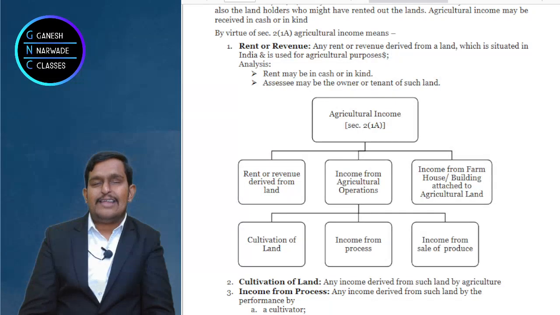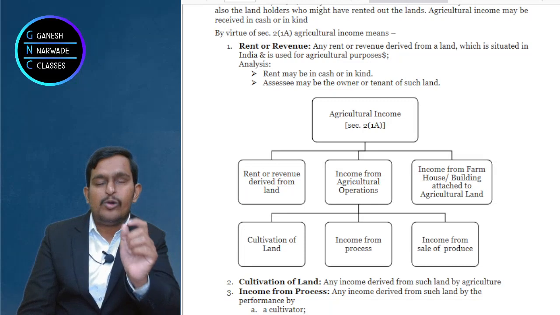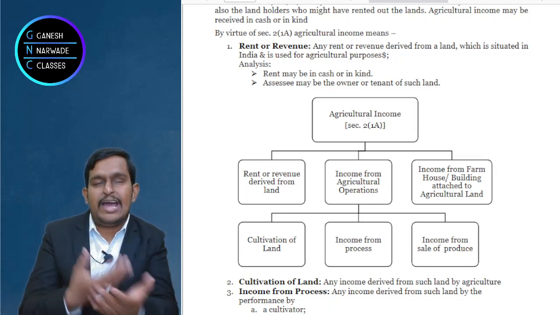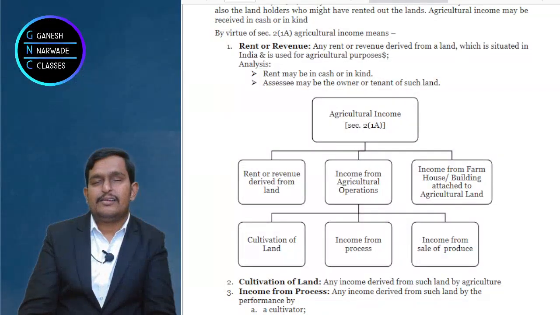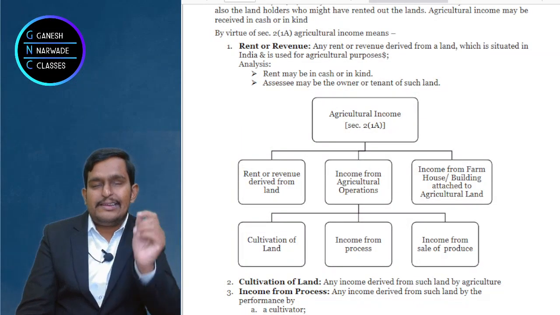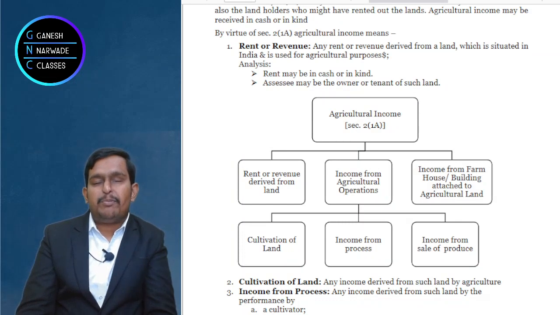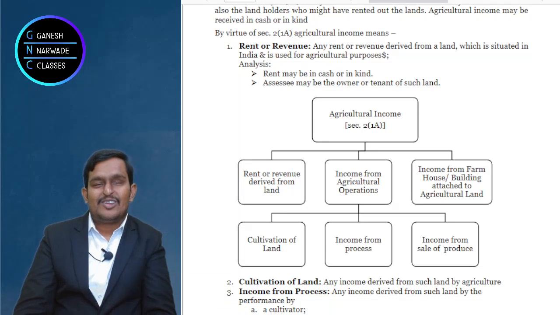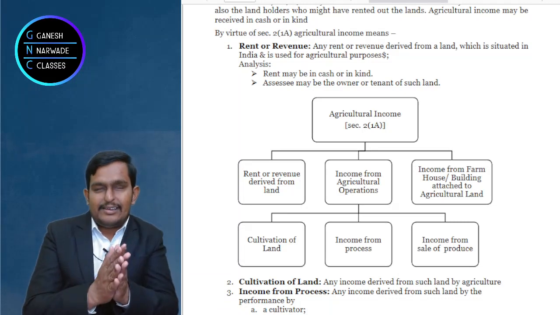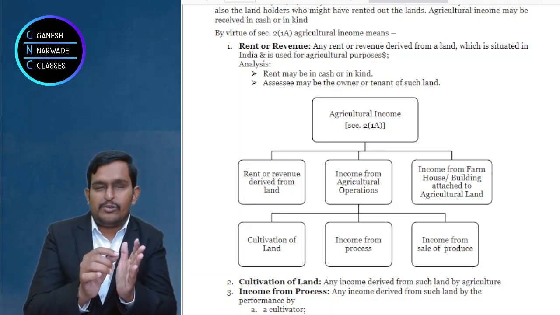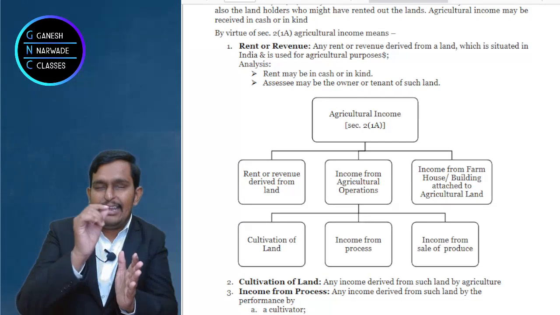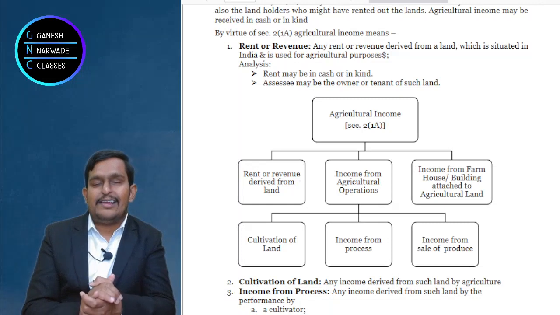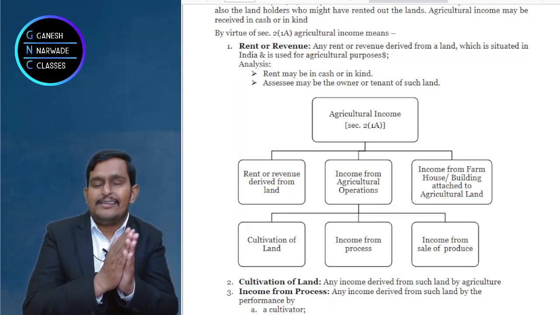It says that rent or revenue. So rent or revenue you should earn from where? From the land. Where the land should be? In India. For what purpose the land should be used? For agricultural purpose. So if you earn rent or revenue from a land which is in India and used for agricultural purpose, then we can say that that is agricultural income.